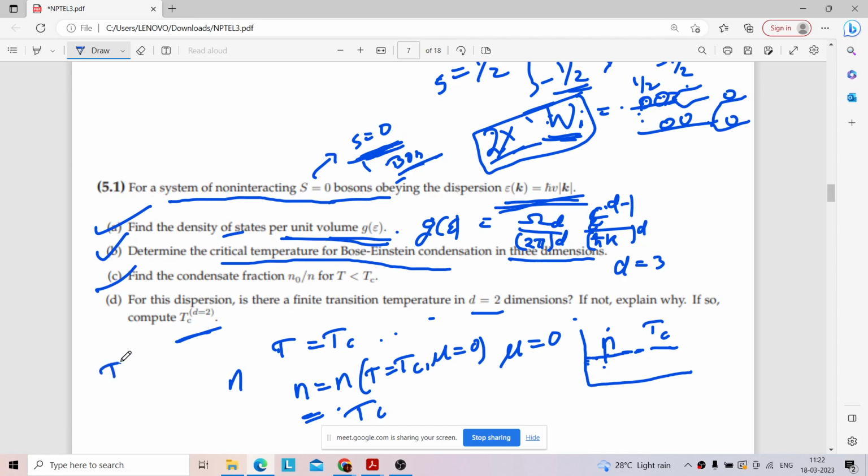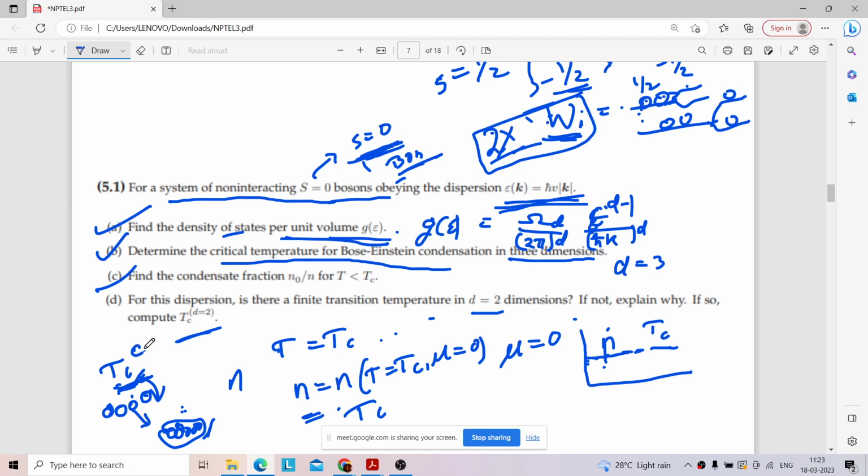So Tc, the critical or transition temperature, means at this temperature the bosons will transition from many particles to a condensate state, meaning they will behave like a single molecule. Many particles will condensate. So we need to find this Tc at which they will condensate.